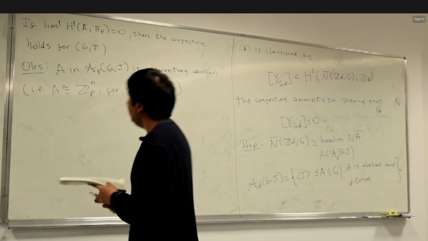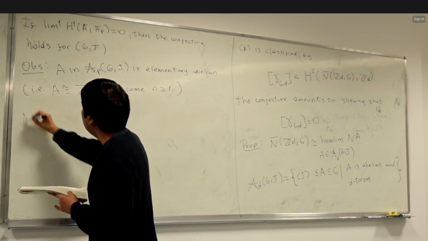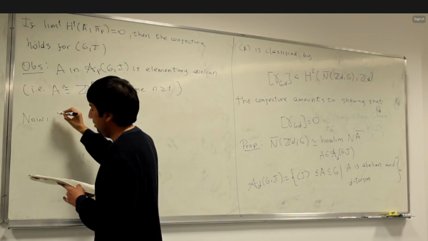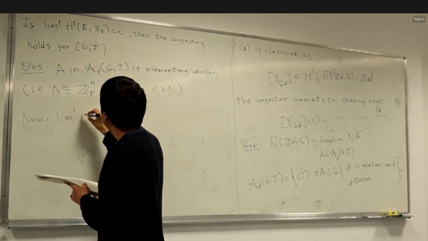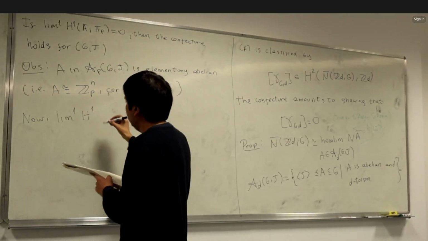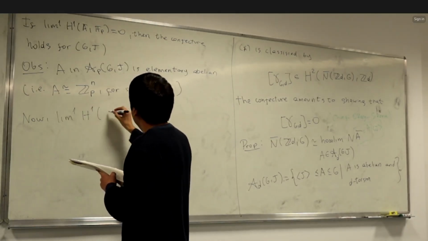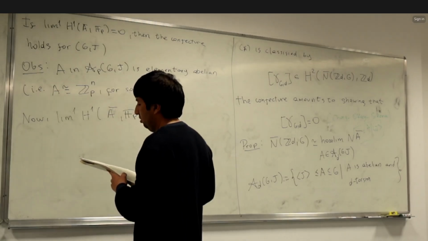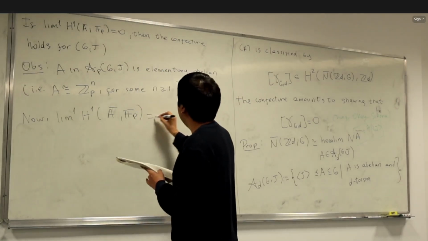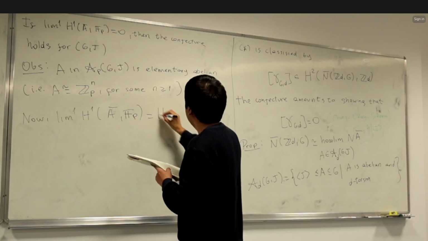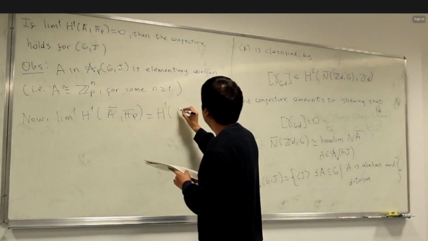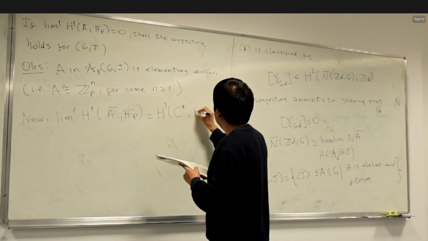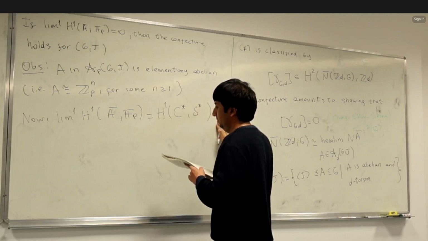Now, the higher limits can be computed as the cohomology groups of a certain cochain complex. This is the first cohomology group of this cochain complex.